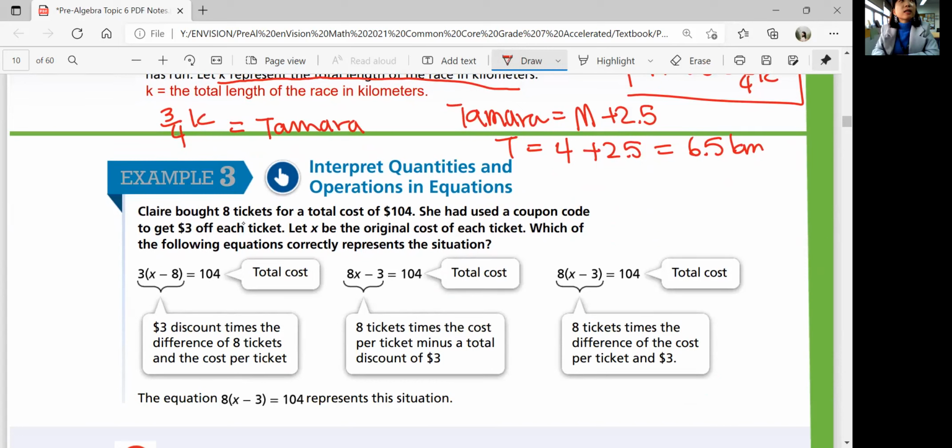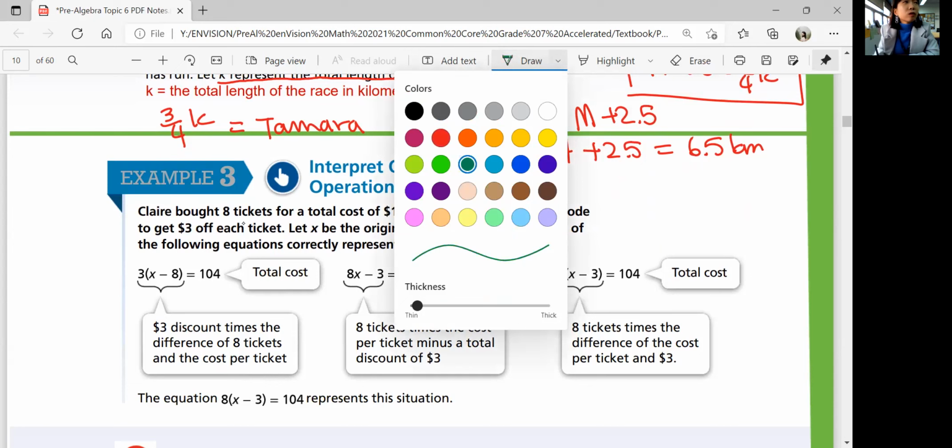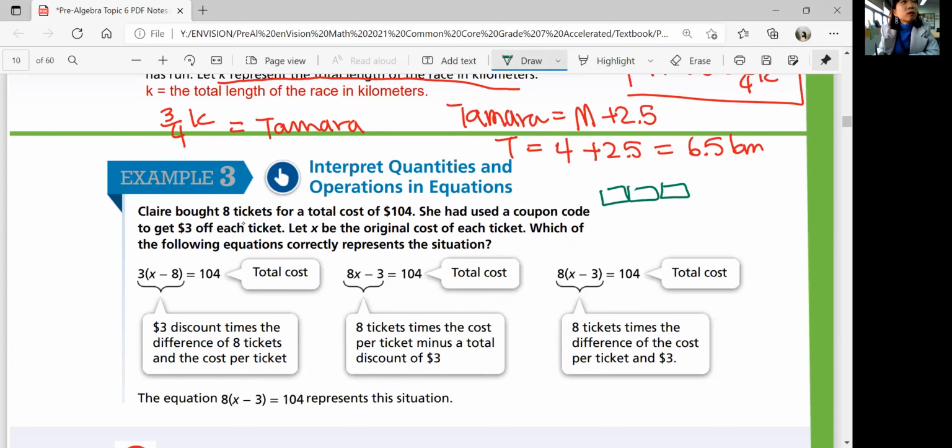She has 1, 2, 3, 4, 5, 6, 7, 8 tickets for a total cost of $104. And then she used coupon code to get $3 off each ticket. So that's what she paid, but the original price is not $104.